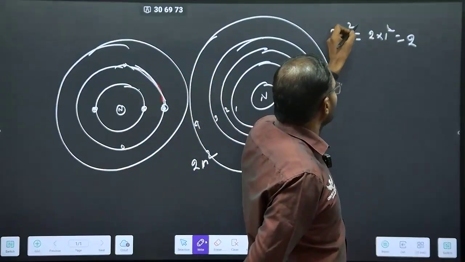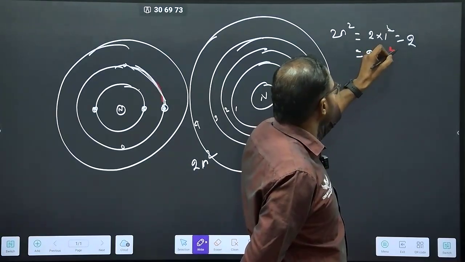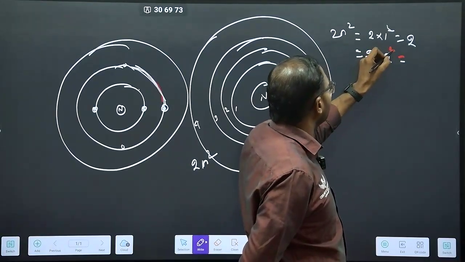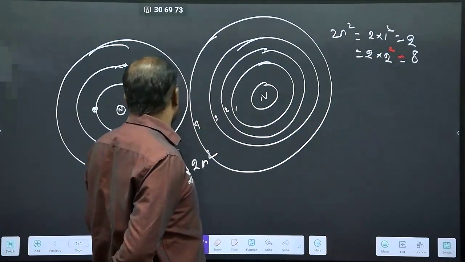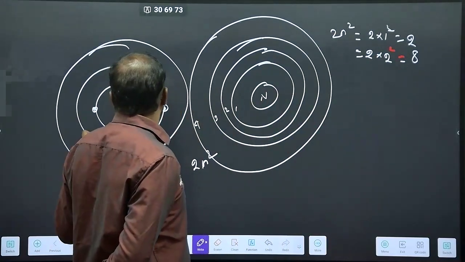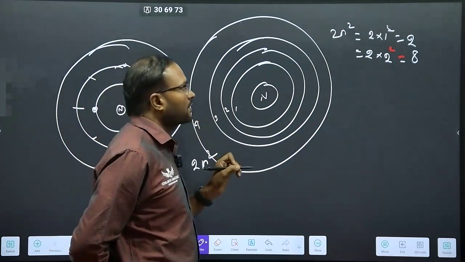So 2n square, and for the second orbit, 2 into 2 square is 2 into 4, which is 8. So the second orbit can hold 8 electrons.